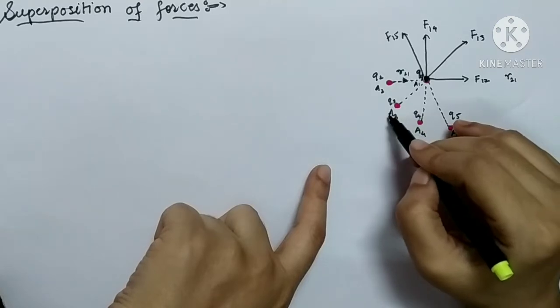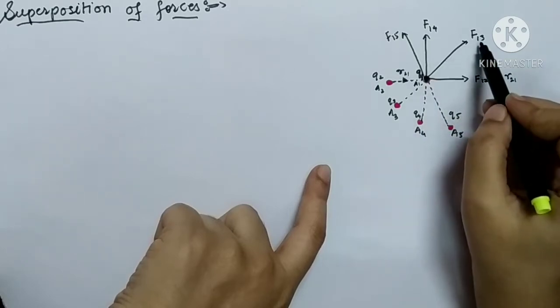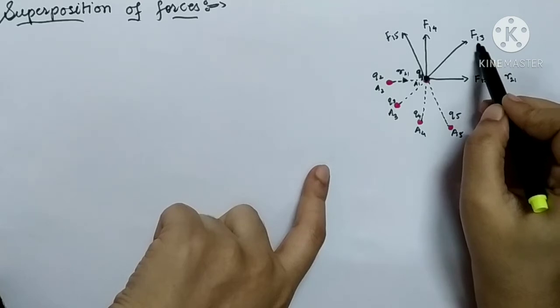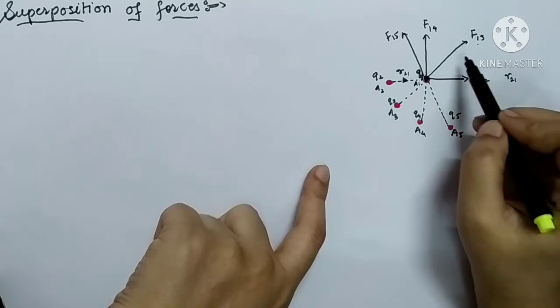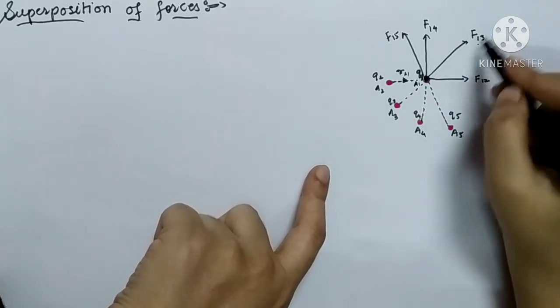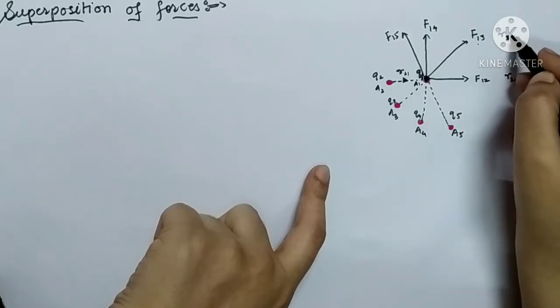Similarly, Q3 is going to exert a force on the charge Q1. It is represented by F13, meaning the force experienced by the charge 1 and exerted by the charge 3. It is also a force of repulsion, directed in the direction of R31.